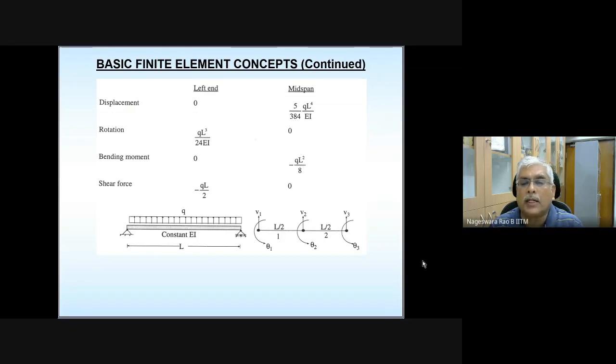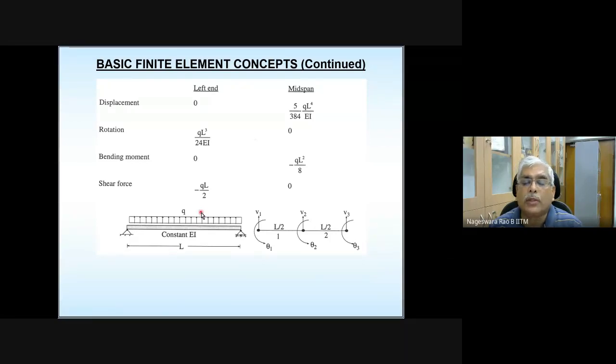To illustrate that, let's take a simply supported beam subjected to uniformly distributed load Q, which is acting in the upward direction. EI is constant. Flexural rigidity is constant for this beam. Length of the beam is L. Please take a note of this problem.